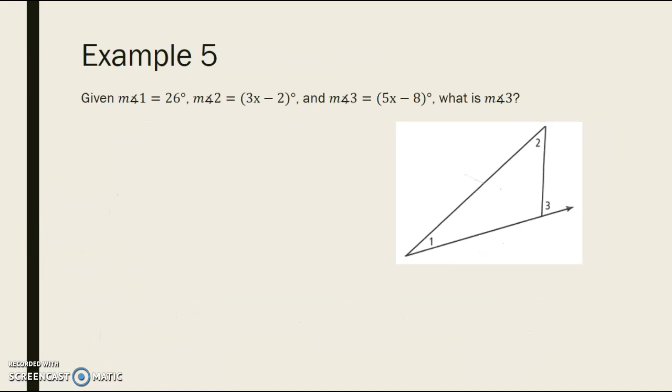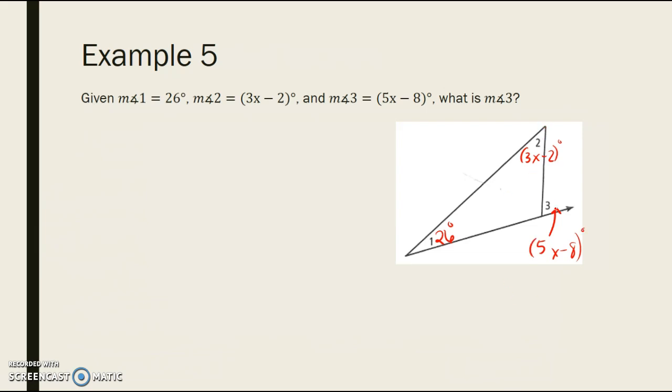Alright, so example 5. Given the measure of angle 1 equals 26 degrees, and I'm going to write this onto our triangle, and the measure of angle 2 is 3x minus 2 degrees, and the measure of angle 3 is, oops, I had 3 on the brain, is 5x minus 8 degrees.